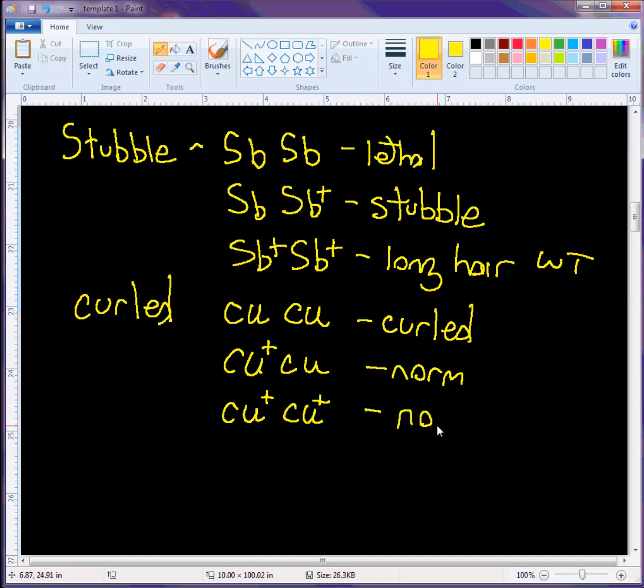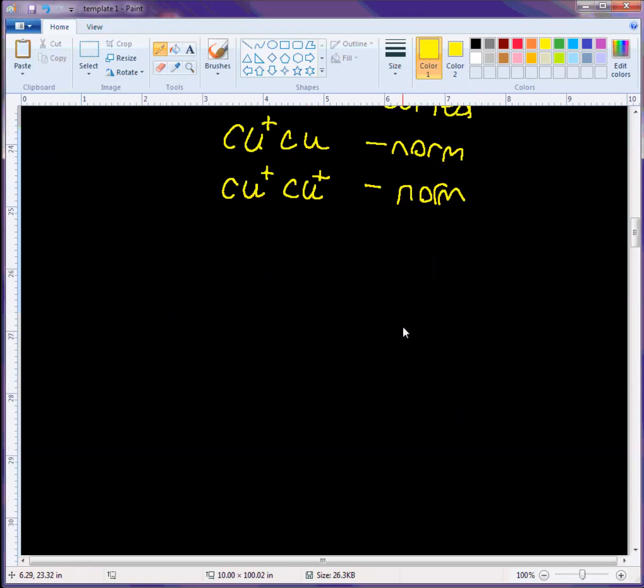Okay, so two wild type curled alleles are normal. The genotype of the female in question here is SB CU. These are linked together on one chromosome, and the wild type versions are linked together on the other chromosome.